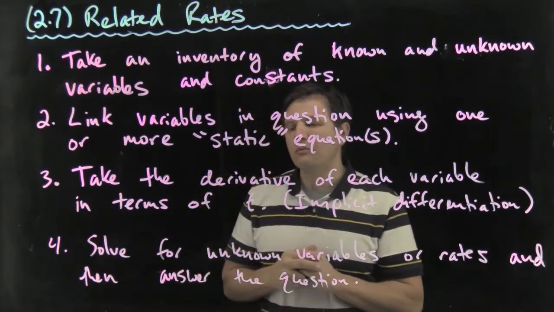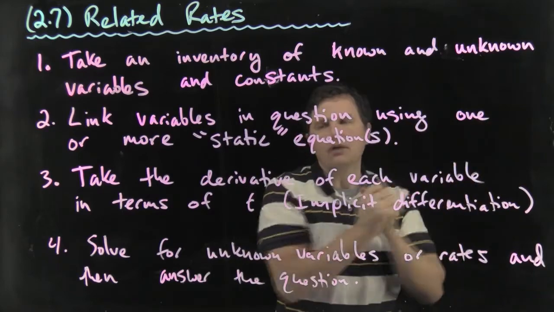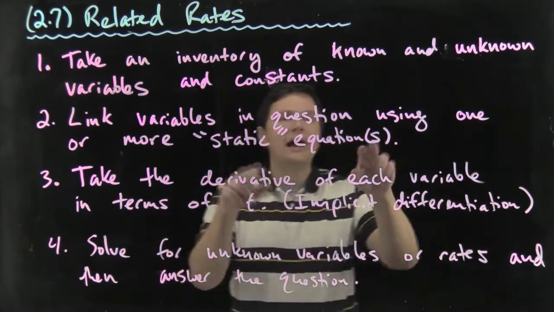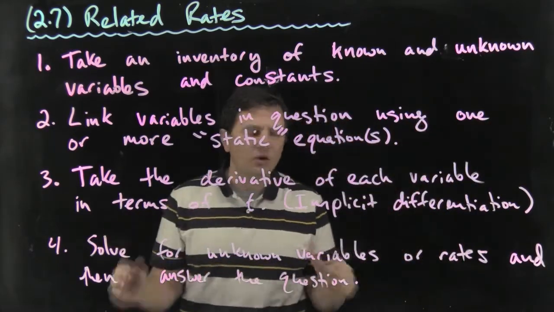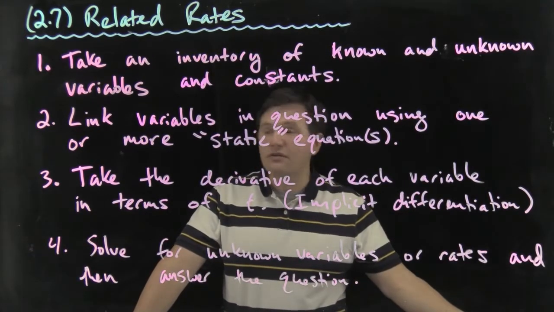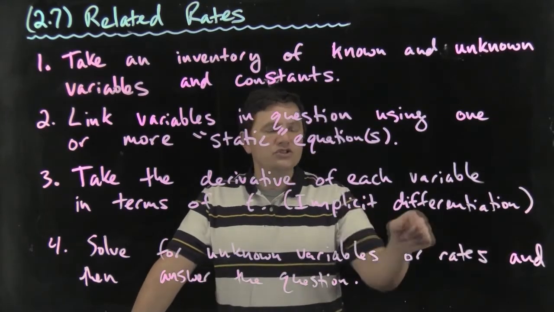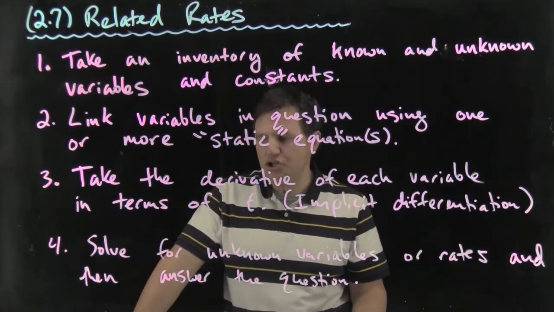Occasionally we'll see some problems where you have to take one equation to get this quantity, which then gets used in another equation. But for right now, it really is going to be one, and all the ones I'm doing today will be one equation. The third thing is we're going to take the derivative of each variable in terms of t being time. We do this through the process of implicit differentiation.